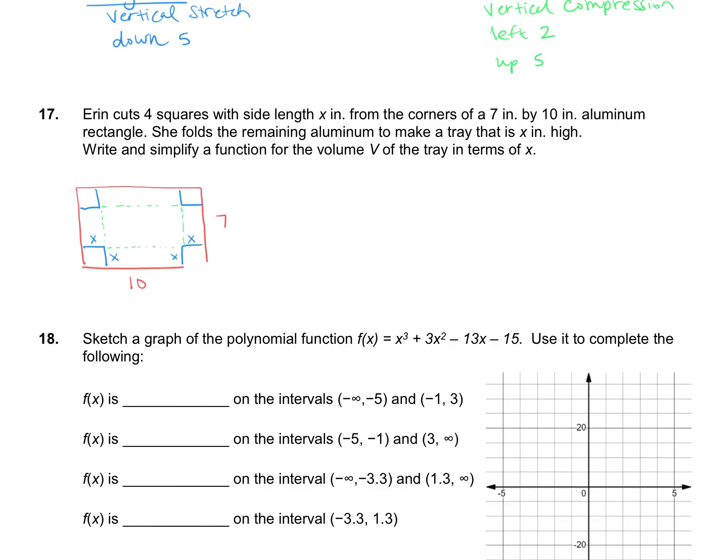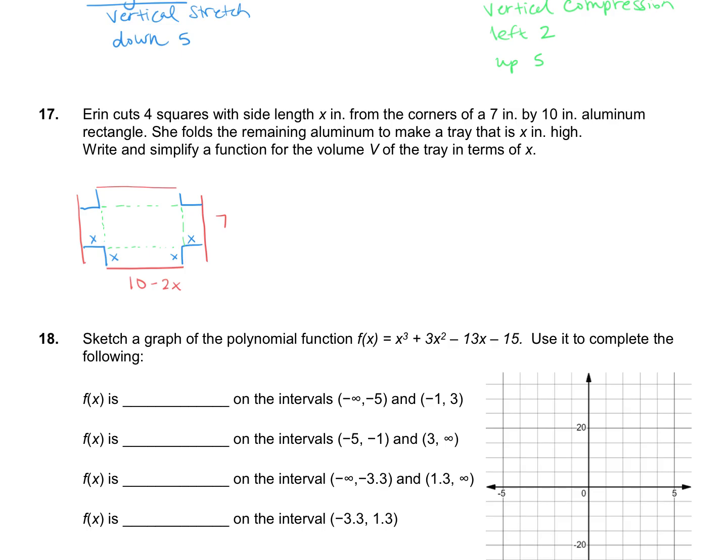So I'm taking away an x and I'm taking away an x. So what that is, it used to be 10 units long, but now it's 10 minus 2 x's. I'm going to go ahead and remove those from the top as well because we would remove those from the top and the bottom.